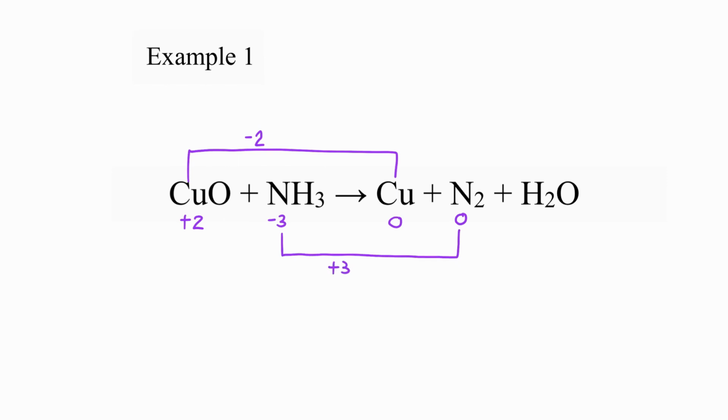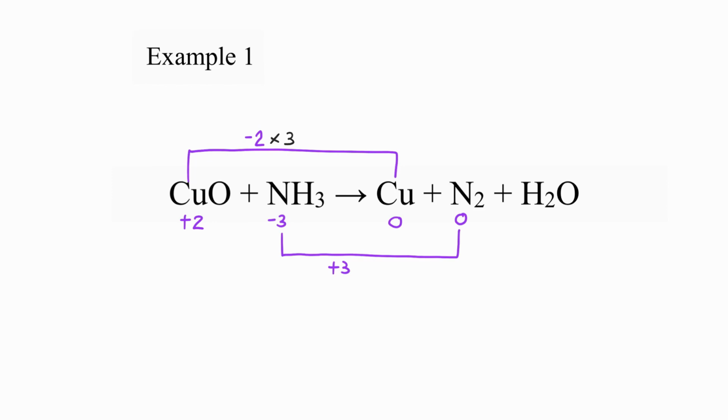Here, we could see the oxidation number is not balanced. We have +2 and -3, so the net here is -1 for the left hand side. For the right hand side, we have both 0. So we can see the oxidation number is not balanced: we have -1 on the left and 0 on the right. In order to balance it, we could make use of a factor.